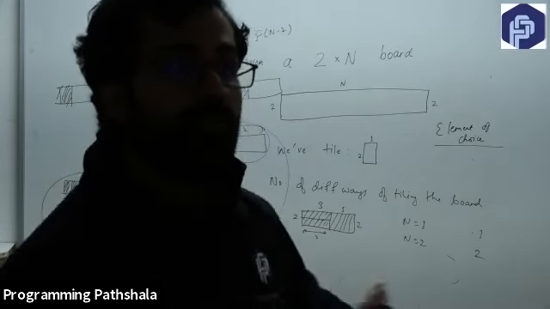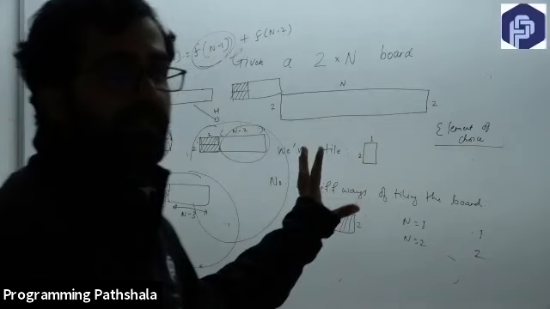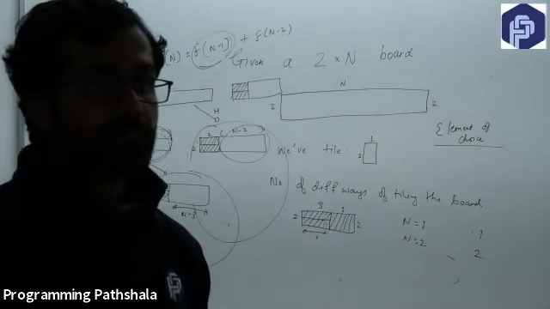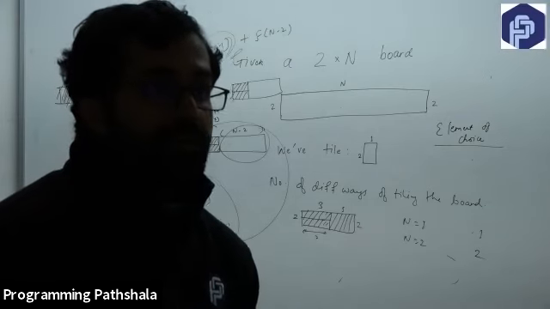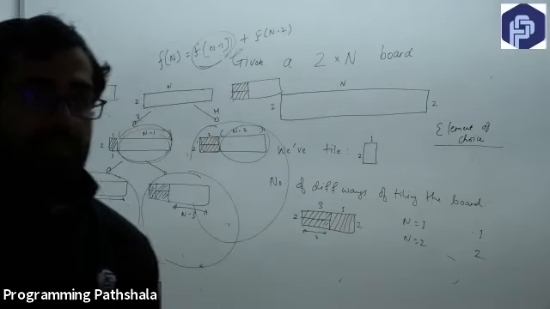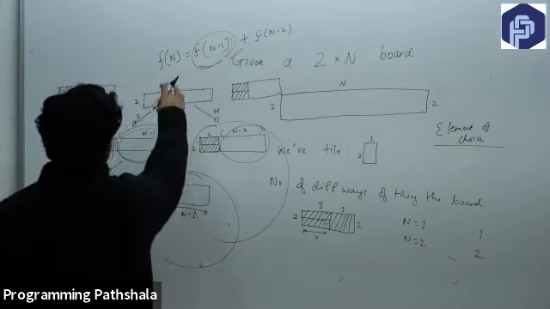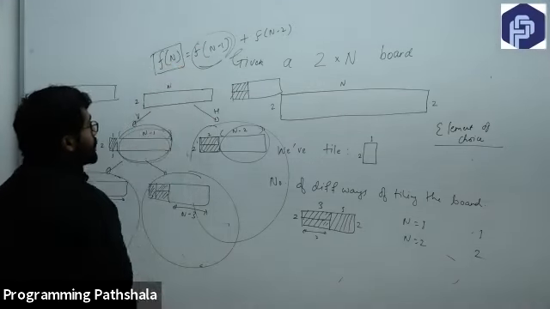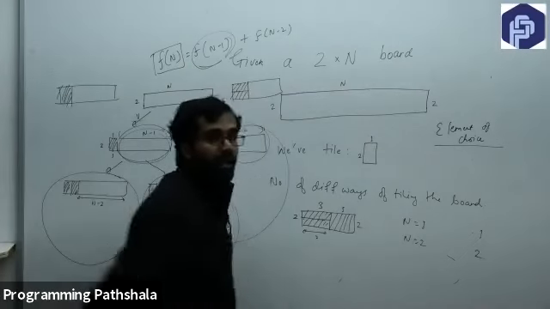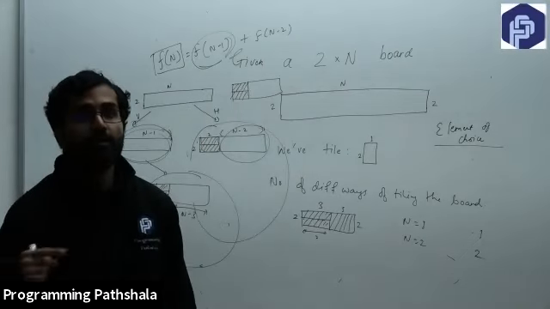How many of you are able to see that Fibonacci thing in this? Total ways equals the sum of all function calls? No. What does f of n denote? F of n denotes that if the length is n, how many different ways are there?